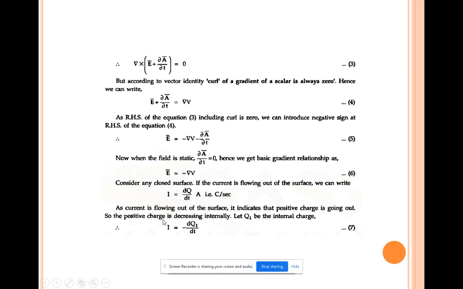Here we are going to indicate the flow of charge as positive charge. So we are going to write the equation as positive charge going to be decreased internally, so decreasing, minus dq by dt as I. Okay, qi, the internal charge, is qi. I indicates internal charge.